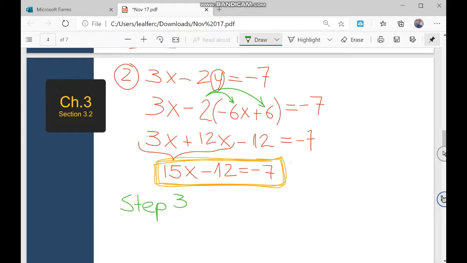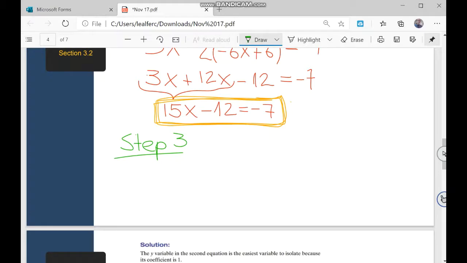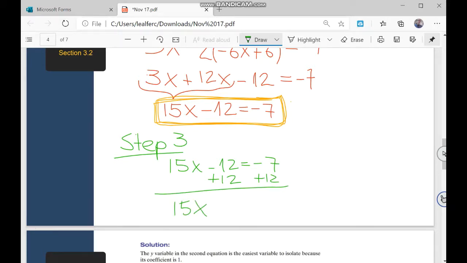Now for step number 3, this is something that we're going to see tomorrow, but let me give you a preview. In step number 3, we will find x. We have this equation here, 15x minus 12 equals negative 7, right? So we will solve and find x. Apply the addition property, add 12 on both sides. 15x equals negative 7 plus 12, which is 5.